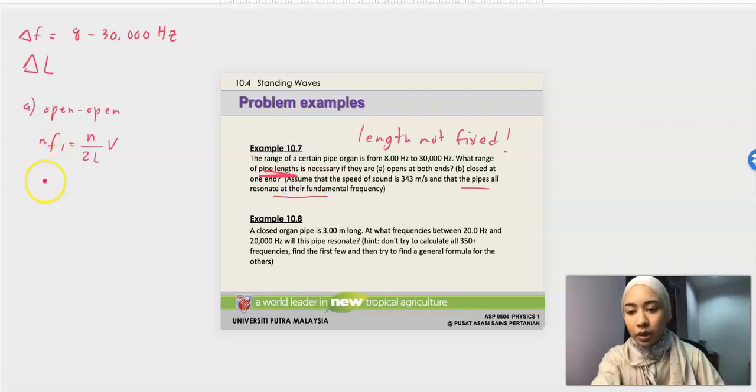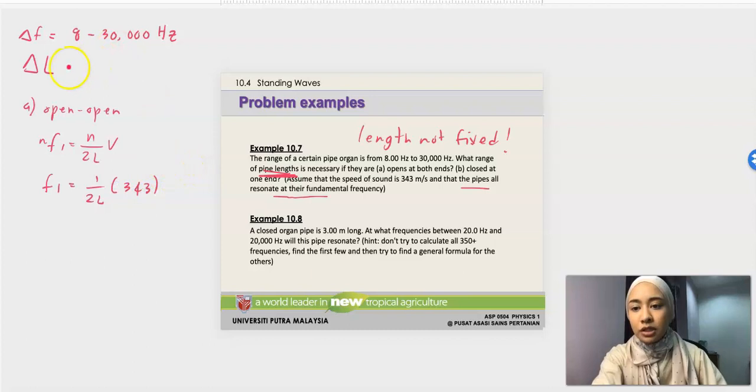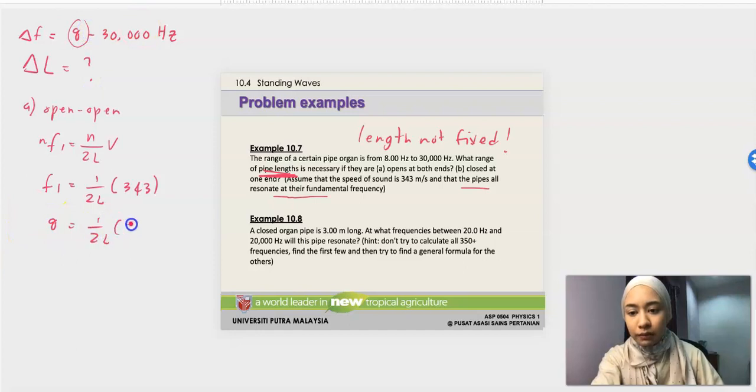So when n equals 1, this equation becomes F1 equals 1 over 2L times 343. Now I have to find the range for L. So I plug in 8 first, 8 kilohertz equals 1 over 2L times 343, and then I plug in the maximum frequency, which is 30,000 equals 1 over 2L times 343. Now I solve for L.